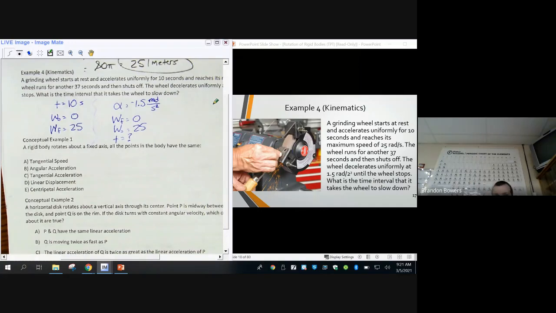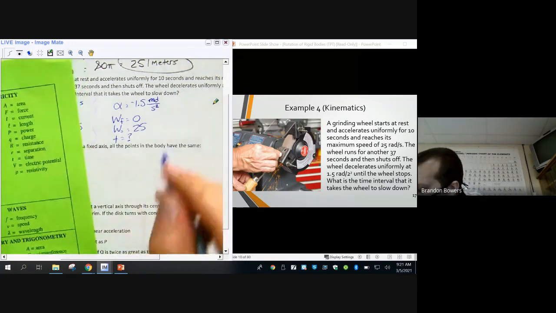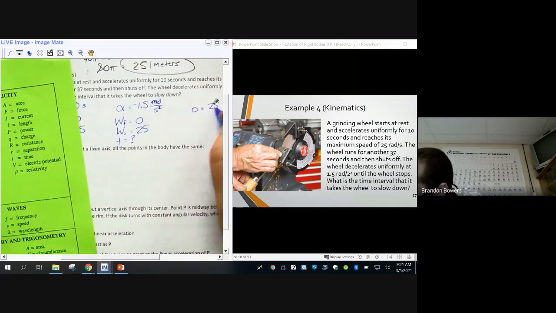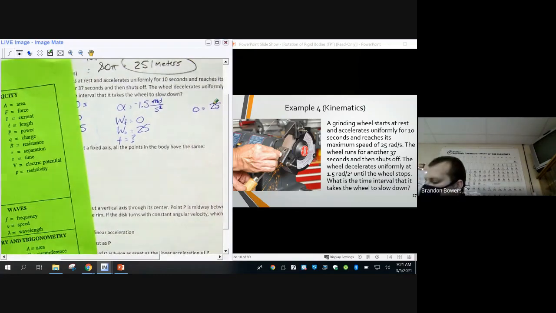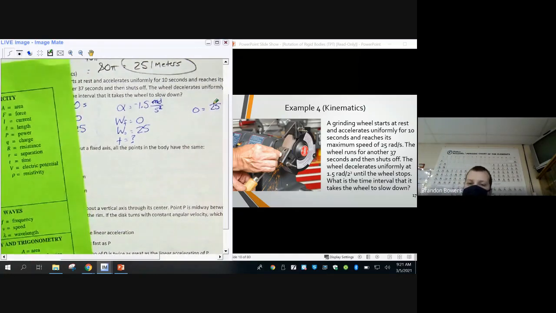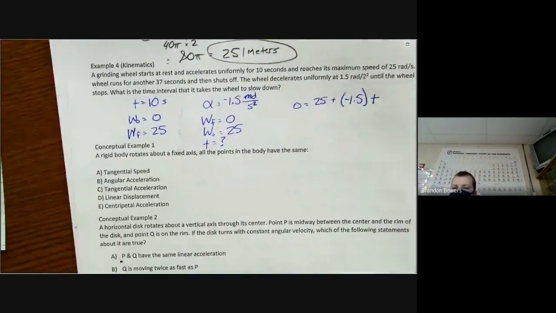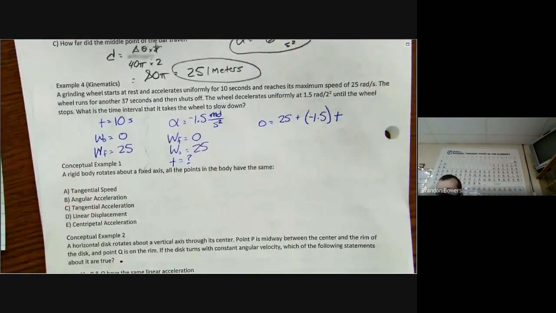Okay, we can definitely use that one. Absolutely. Omega final 0 is equal to omega initial 25 plus alpha times time. We can't see that. I didn't want you to see it. Alpha times time. Absolutely.